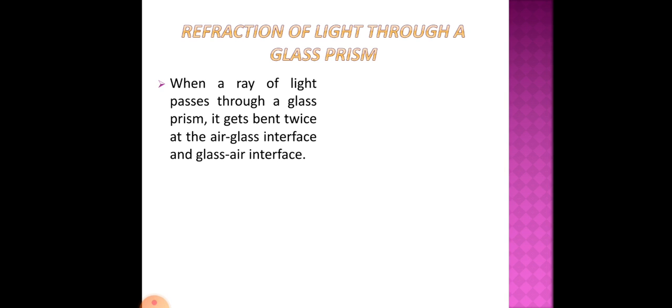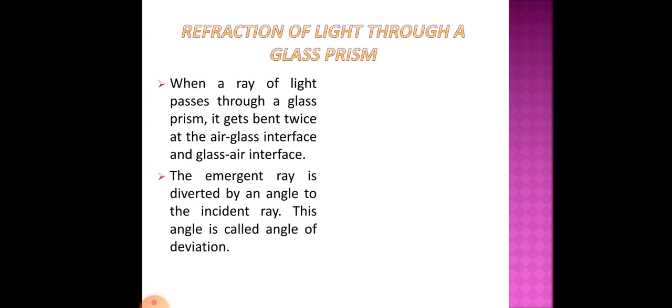So whenever a ray of light passes through a glass prism, it gets bent twice. That means refraction happens twice, one at the air-glass interface and the second at the glass-air interface. The emergent ray is diverted by an angle to the incident ray. This angle is called the angle of deviation.